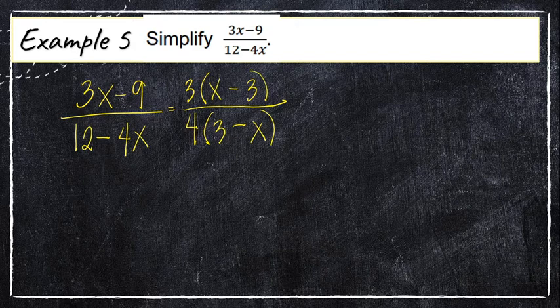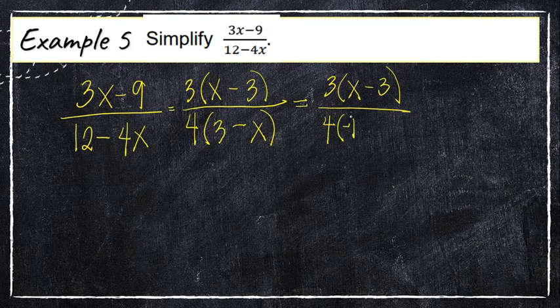Again, we have here factors that are almost the same. So what we're going to do is we're going to multiply the denominator by -1. So let's write here 3 times x minus 3 and then 4 times negative 1 times x minus 3.